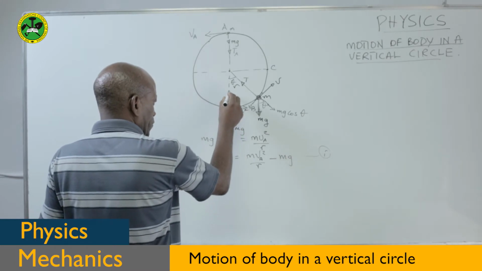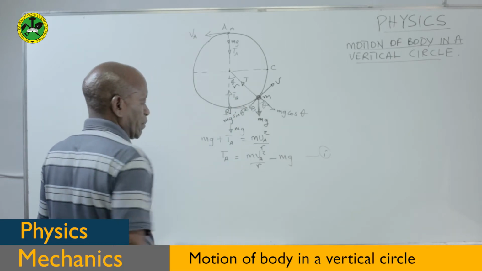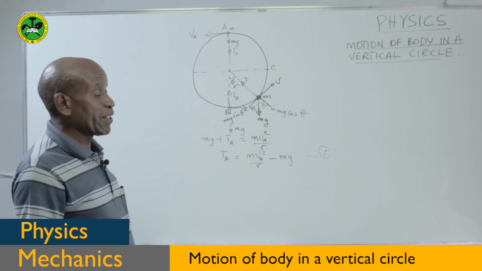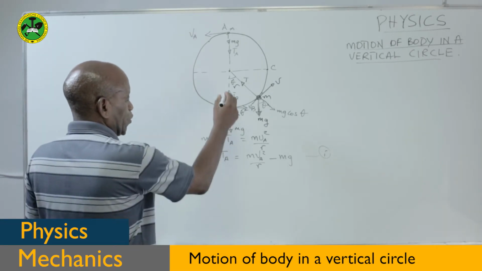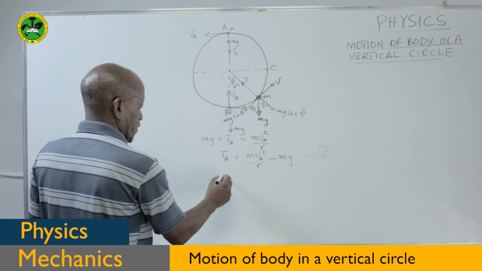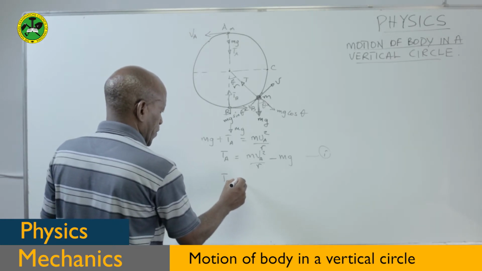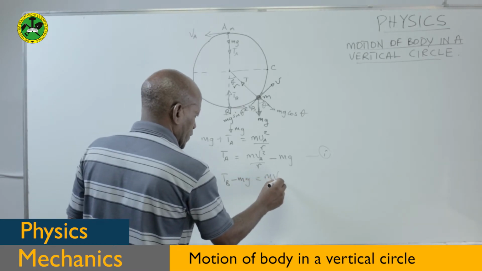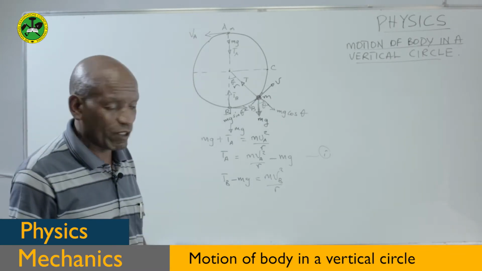But there is a tension force acting upward, which I call T sub B. The necessary force to make this body move in a circle, the centripetal force, will be the difference of the two forces, that is the tension at point B minus the weight. This provides the necessary centripetal force which is making this body move in a circle.